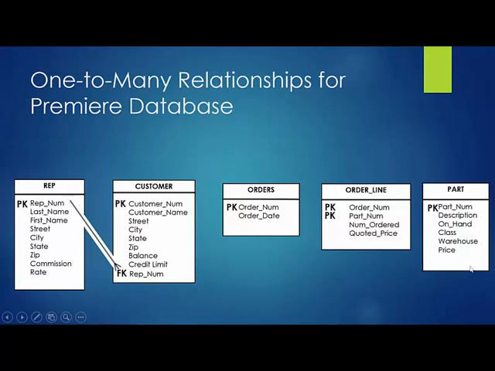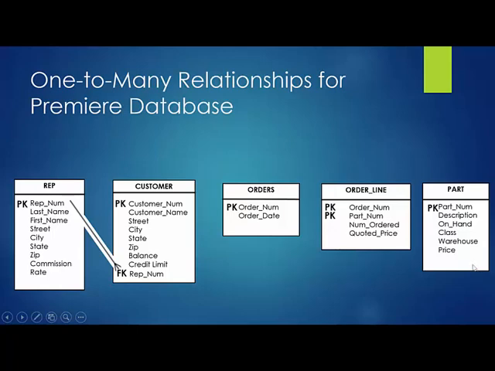To get started, ask the question: can one individual customer place many orders, or can one individual order have many customers? It does not make sense for one order to have many customers. Therefore, we know the one side of the relationship line should be with the customer table.